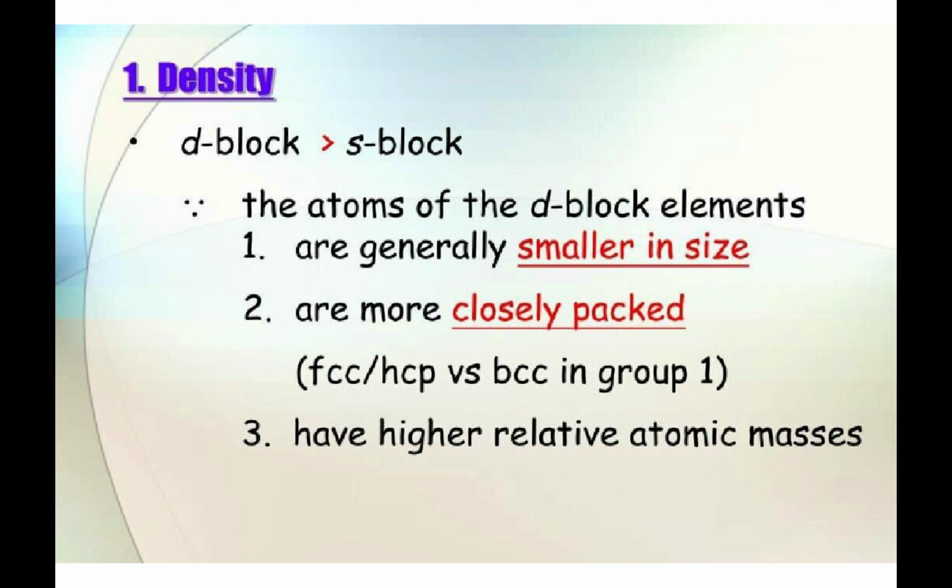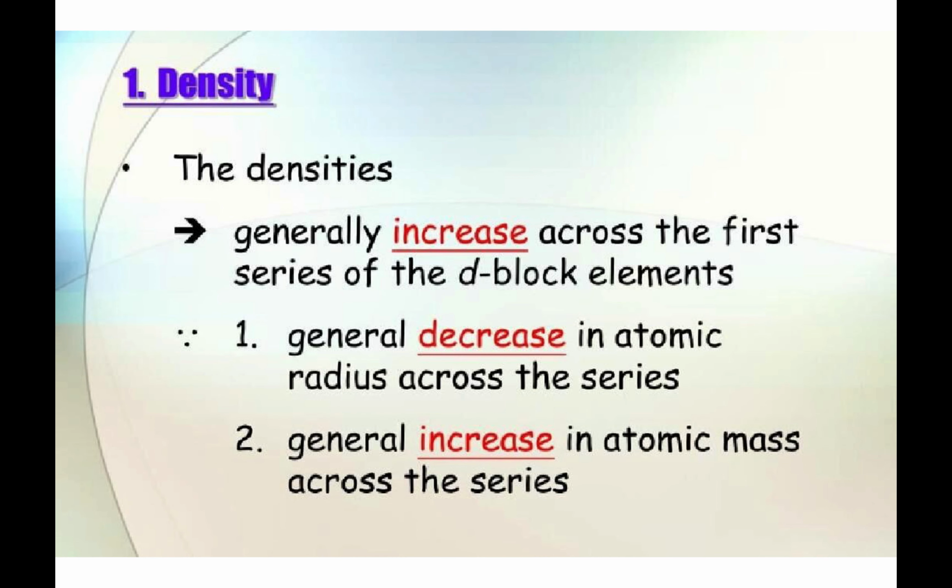The three things you have to remember are that the atoms of the D block elements are smaller in size, they are more closely packed, as you have learnt about FCC, HCP structures, and they have high relative masses, so atomic masses are relatively high. Density shows a general increasing trend across the first series of the D block elements, because of the general decrease in atomic radius across the series and the general increase in atomic mass across the series.